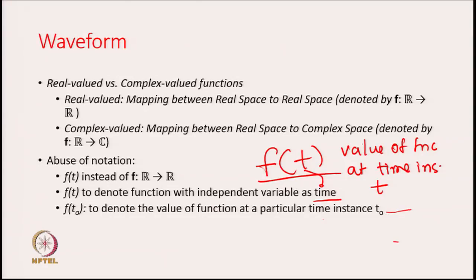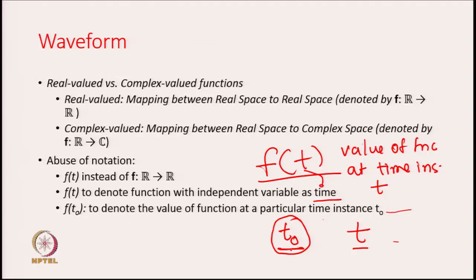Now, to talk about the specific value of this function at a specific time instance, let us say we are interested in a specific time instance t naught. This is how we differentiate between a specific instance of time and time as an independent variable. When we say t, it simply means that time is the independent variable.